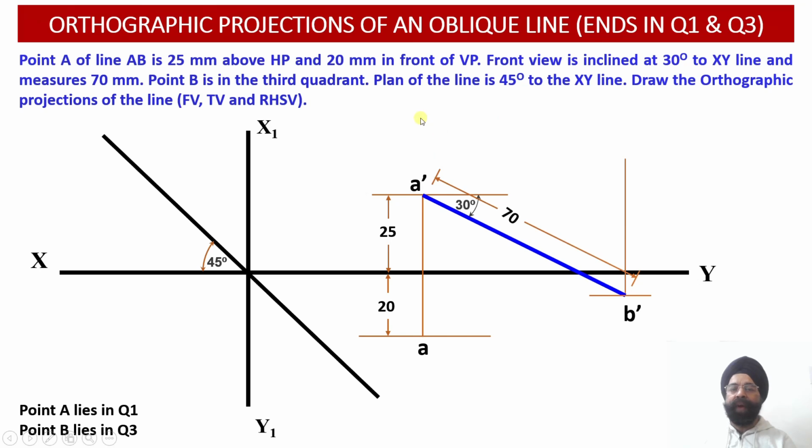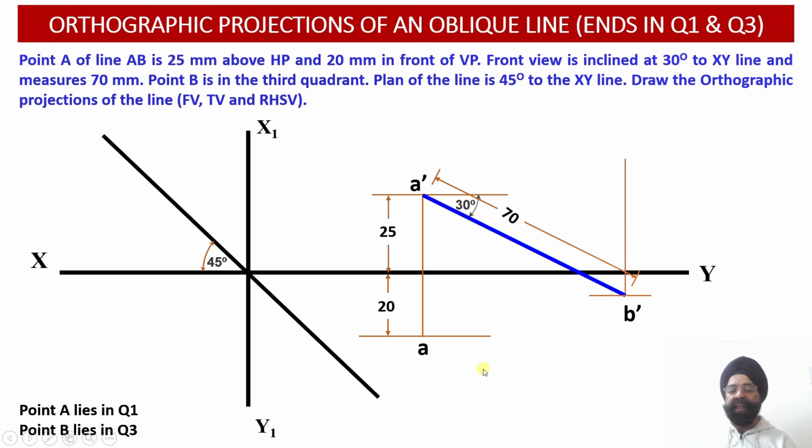We are also provided with another piece of information, that the plan or top view projection of the line is inclined at an angle of 45 degrees with respect to the XY line. Otherwise, if the information that end B is lying in quadrant number 3 was not available, we would have drawn this angle of 45 degrees in this orientation.